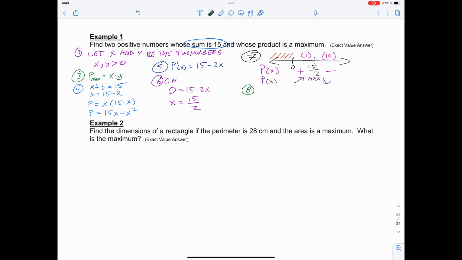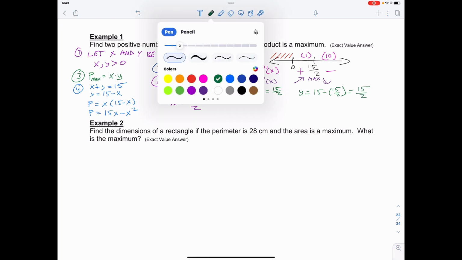Which means that x is equal to that 15 over 2 at the max. y is going to equal 15 minus x, or 15 minus 15 over 2, which is also going to equal 15 over 2.